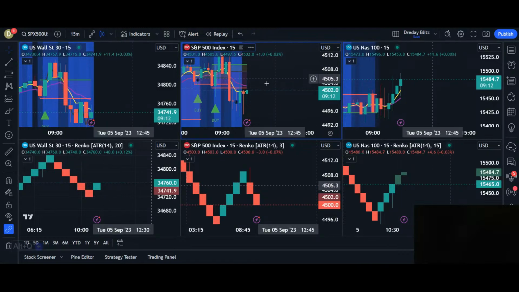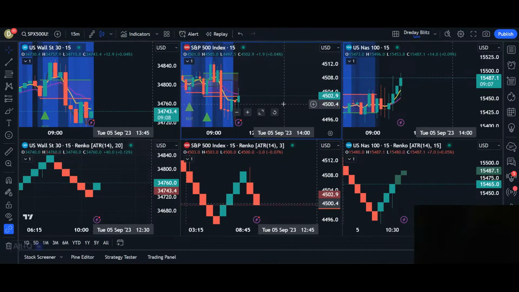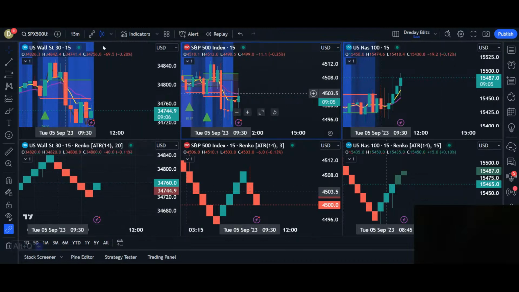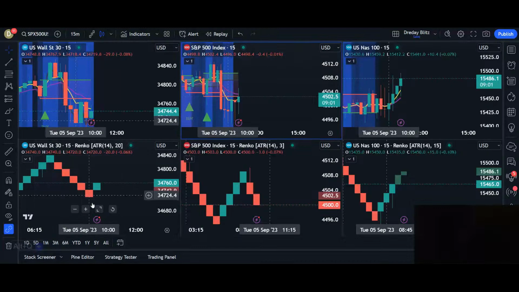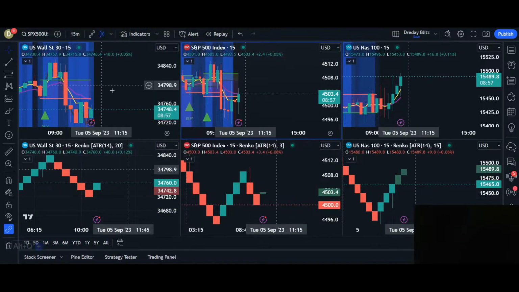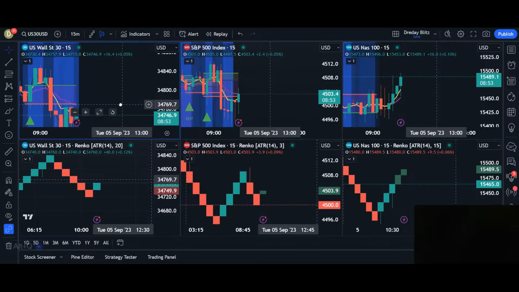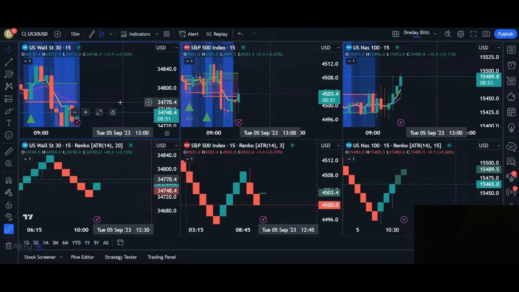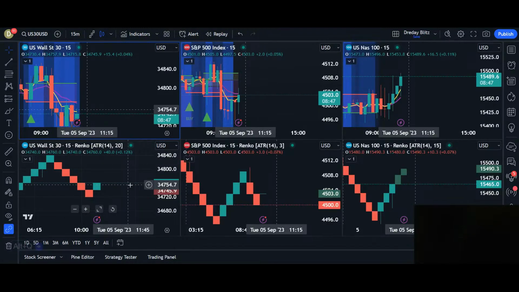But like I said, we still had a good push to the downside, but on my end I didn't have any signals based on my own setup. And US 30 is currently pushing up from the bearish move at the start of the session.